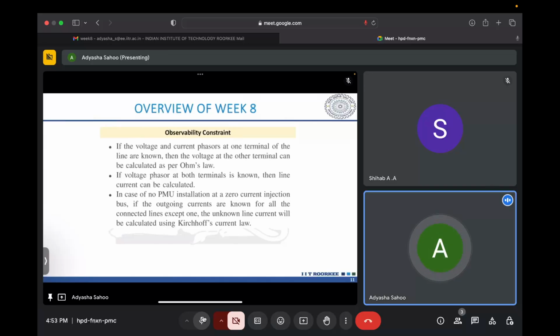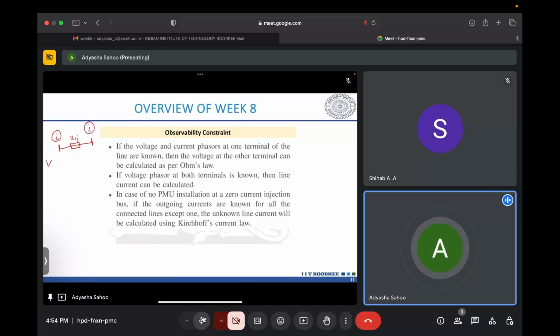So basically, three laws that we use are, firstly, that if you know the phasors at one bus, at bus i, then you can easily compute the information of the other bus j. Let's say the impedance is Zij.